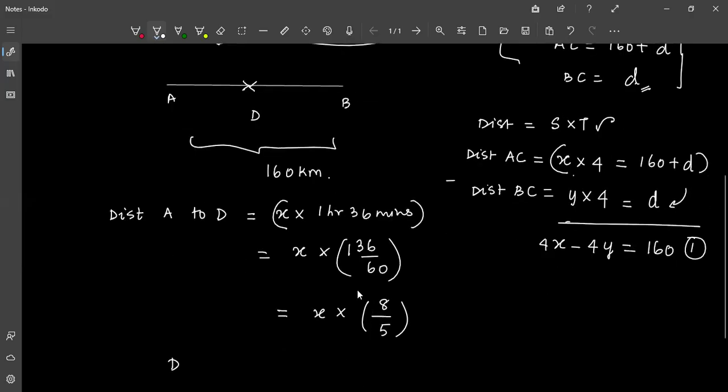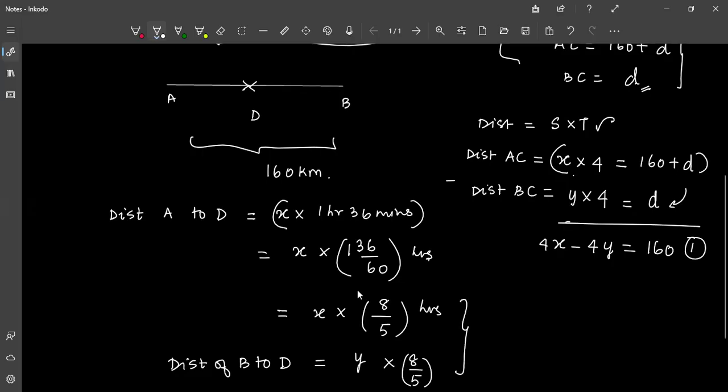Now the distance of the car from point B to point D is equal to, here the speed of that car was y and it takes the same 8 by 5 hours. So remember, this is in hours, this is also in hours, so y into 8 by 5.